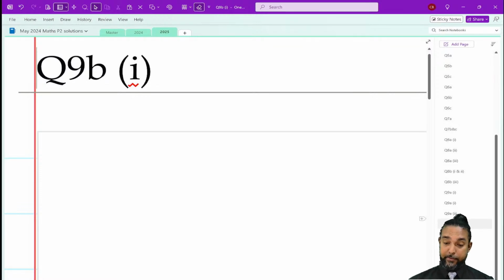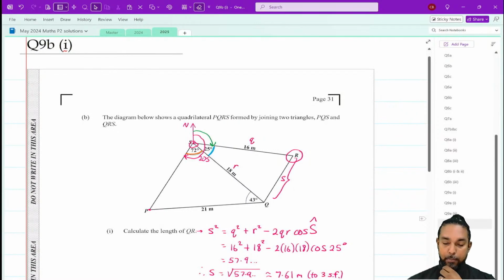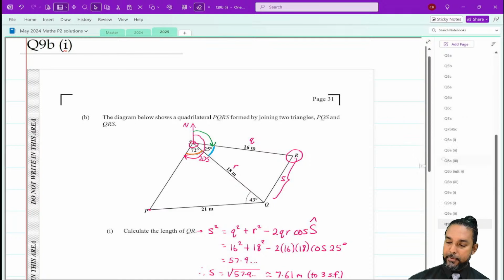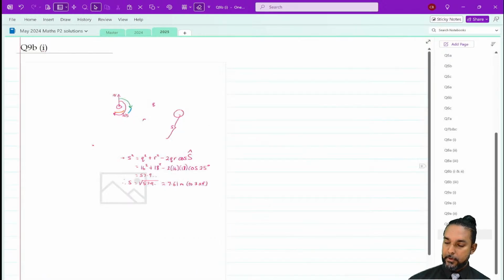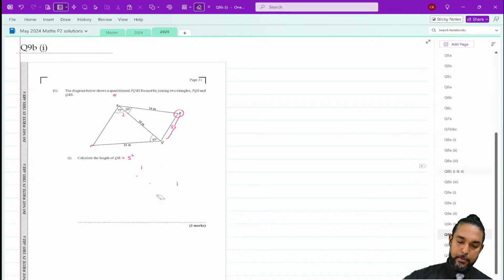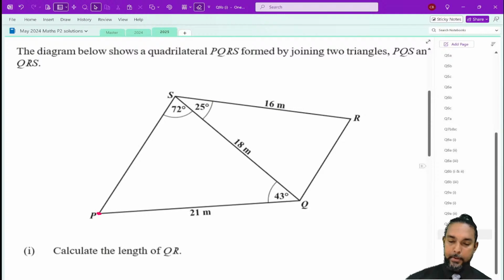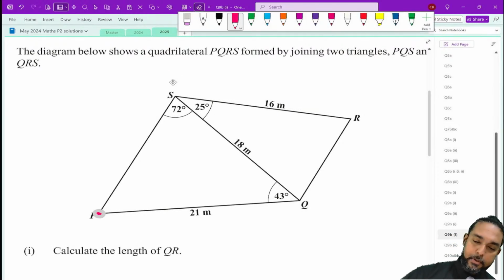Okay, if it would zoom out, that would be great. Ah, that's great, lovely. Okay, you know what I'm going to do? I'm going to copy and paste the page, and I'll erase everything here. Okay, let's zoom in.